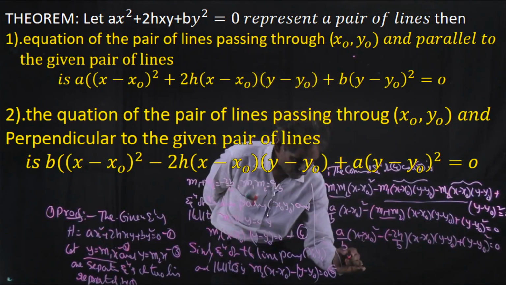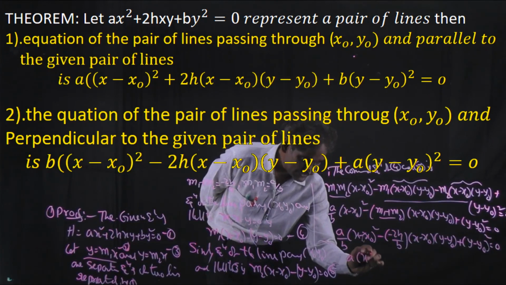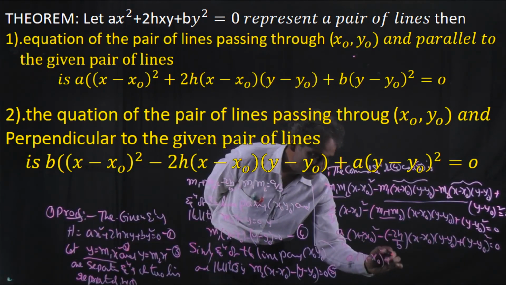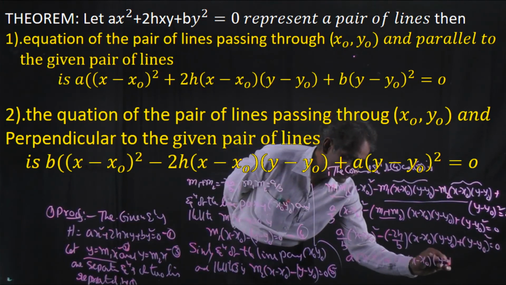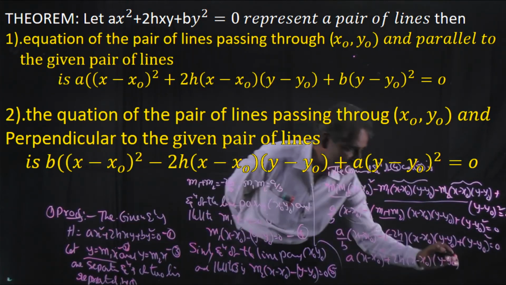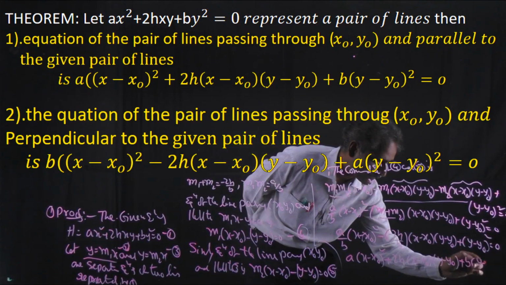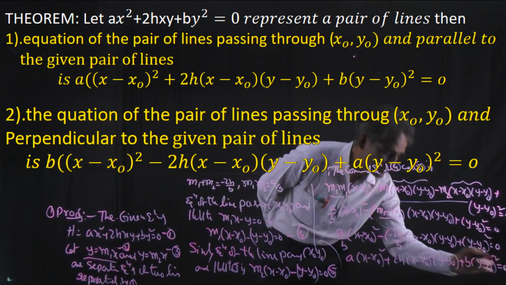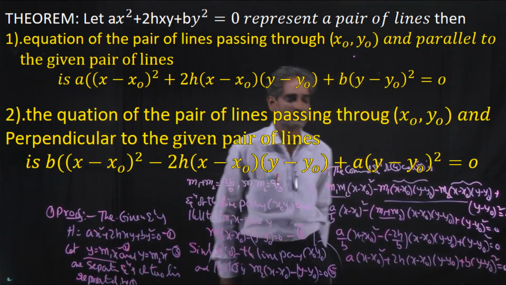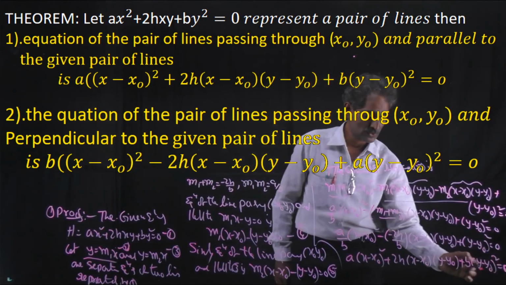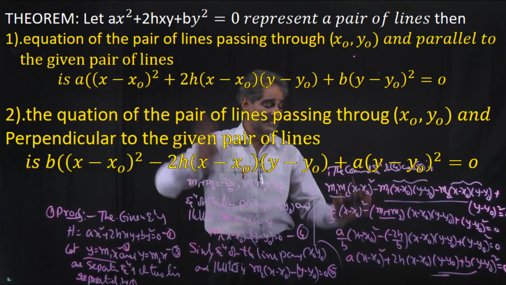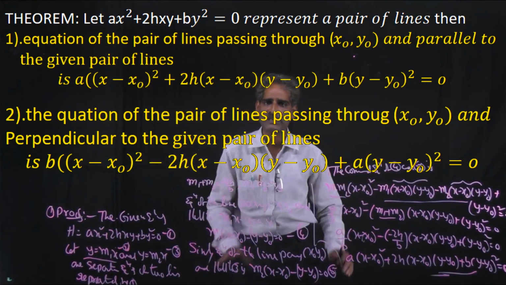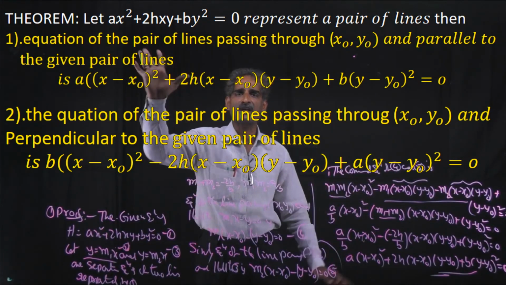Taking the LCM, we get a(x - x0)² + 2h(x - x0)(y - y0) + b(y - y0)² = 0, divided by b, so that goes to the right side, which is 0. So this is the required equation. Just replace x and y by x - x0 and y - y0, and we will get the parallel lines passing through (x0, y0).